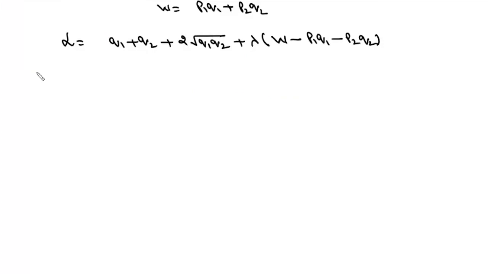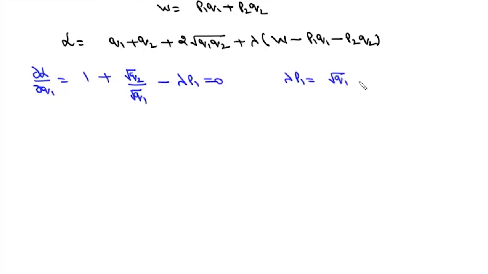Now we'll find its gradient and put it equal to 0. So first we'll find del L upon del Q1, and it will be 1 plus under root Q2 upon under root Q1 minus lambda P1, and it will be equal to 0. So from here we can write lambda P1 will be equal to under root Q1 plus under root Q2 upon under root Q1.